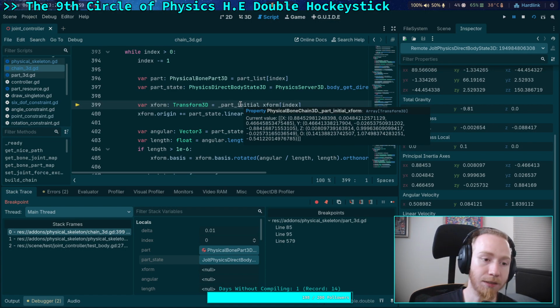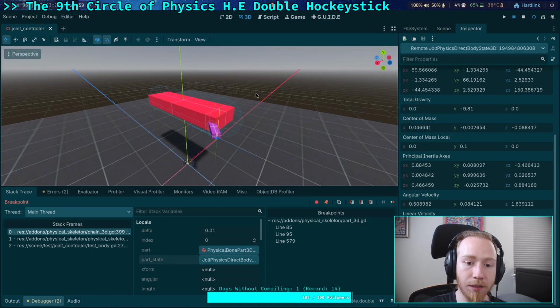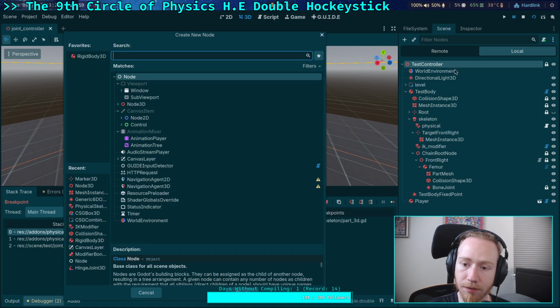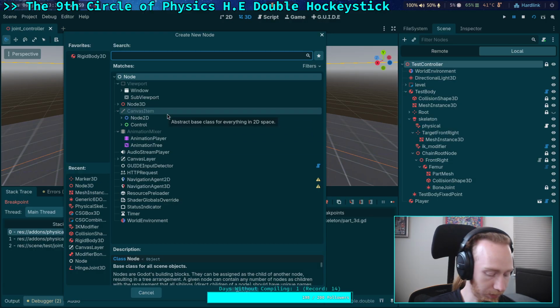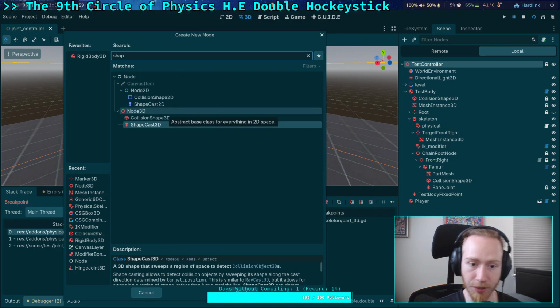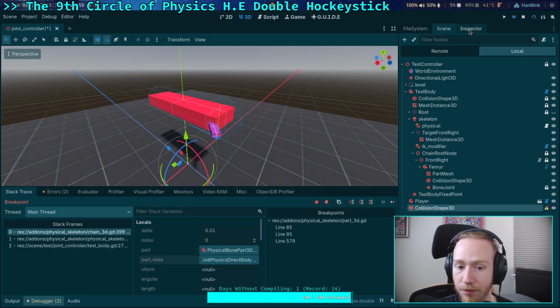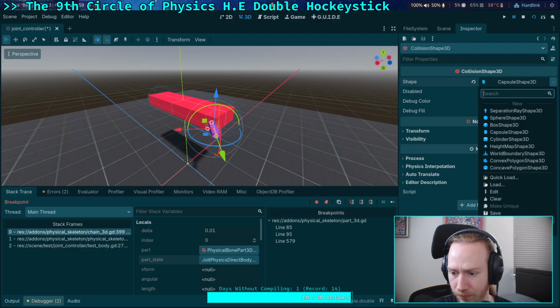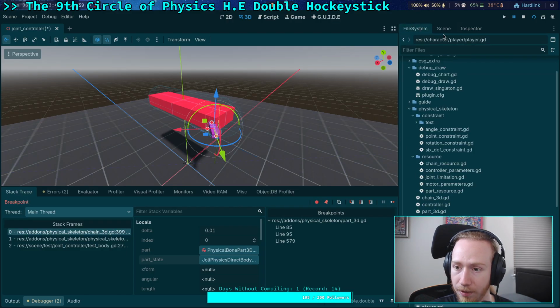Let me do this. I'll just add a shape, collision shape 3D. And give it this one.